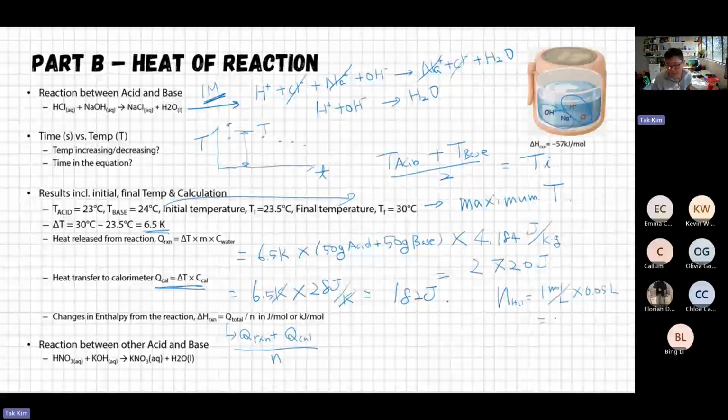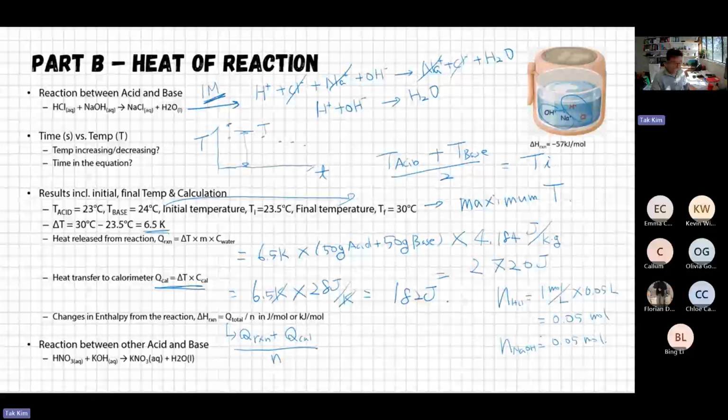In the end, you should have 0.05 moles of acid as well as the same number of moles of base. Although we added the masses together, when it comes to the number of moles, you will need to use the number of moles of HCl or the number of moles of NaOH.